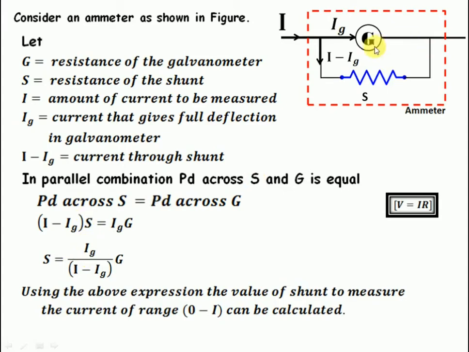We know Ig for a galvanometer, and the value of G is also constant for a given galvanometer, so we can easily find the value of the shunt, and this ammeter can measure current from 0 ampere to I ampere. By putting in the values we can calculate the value of S.